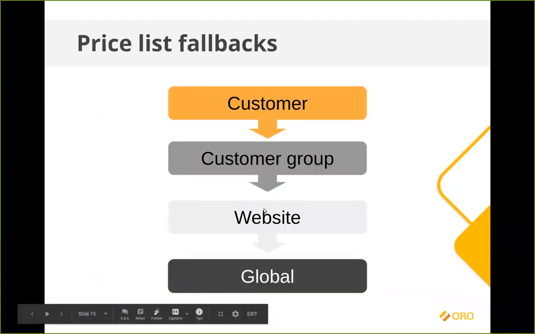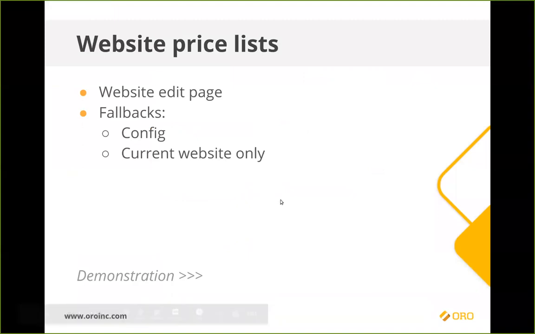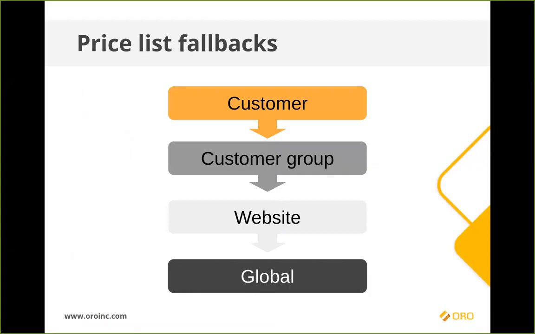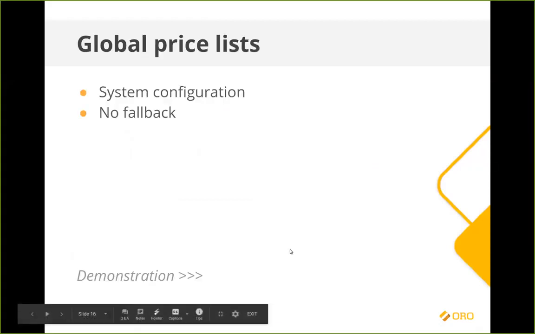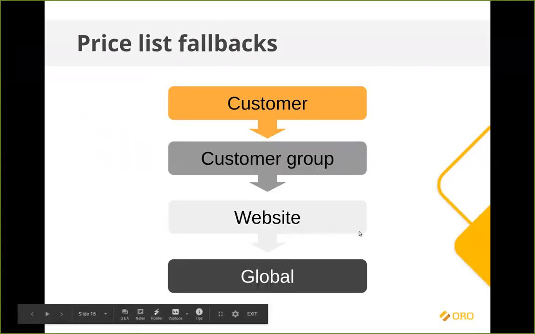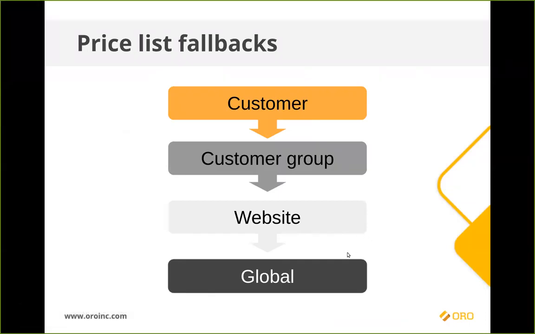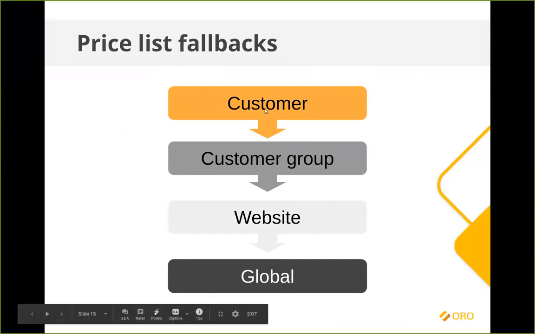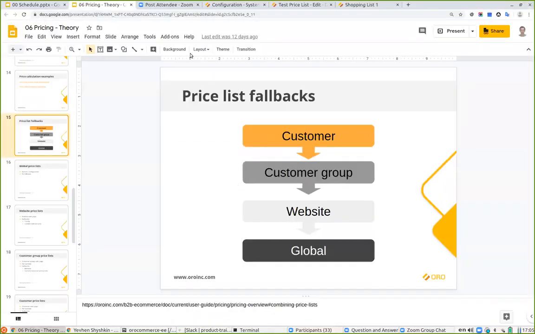So this is that arrow from website to global. Or you can use current website only. And in this case, it means you are going to block this level, which means that the application is going to totally skip the global level and use only three levels: customer, customer group, and website. Let us see how it works.